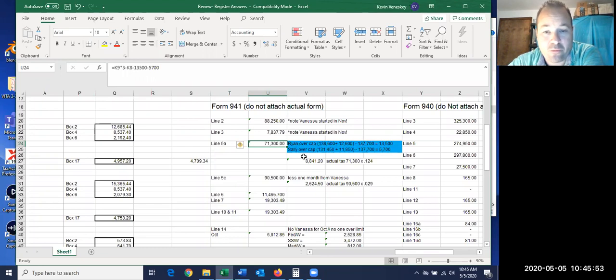Same for our third person, and then Vanessa, she didn't have anything in October, so you could have done it that way. You could have shown each employee and what they had in October and November. Either way works, as long as you got 71,300. Then all I do is take that 71,300 and multiply it by 0.124.